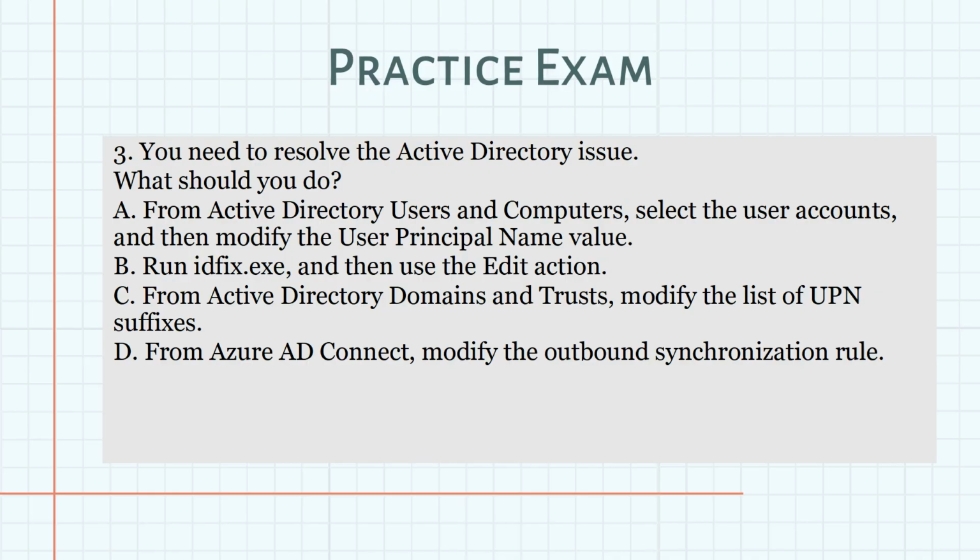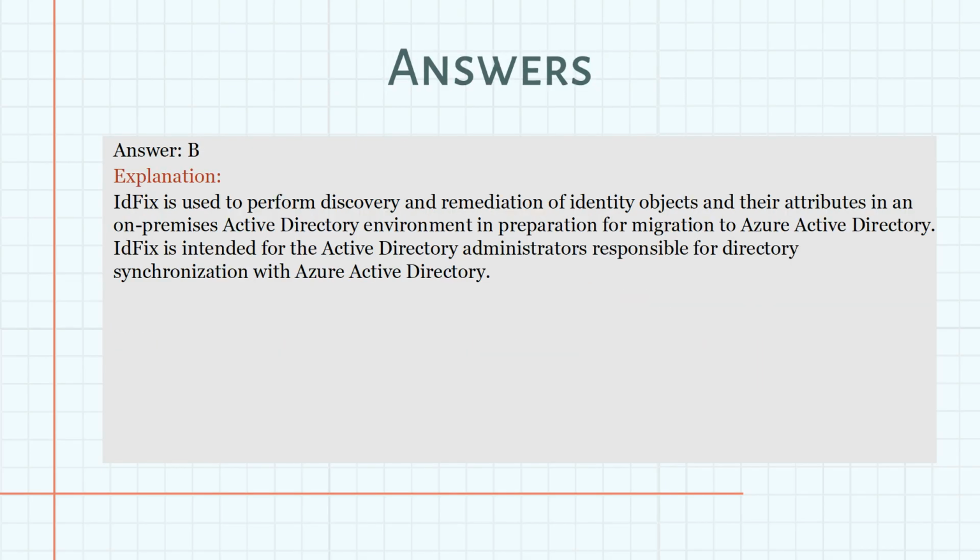C. From Active Directory Domains and Trusts, modify the list of UPN suffixes. D. From Azure AD Connect, modify the outbound synchronization rule. Check for the correct answers.